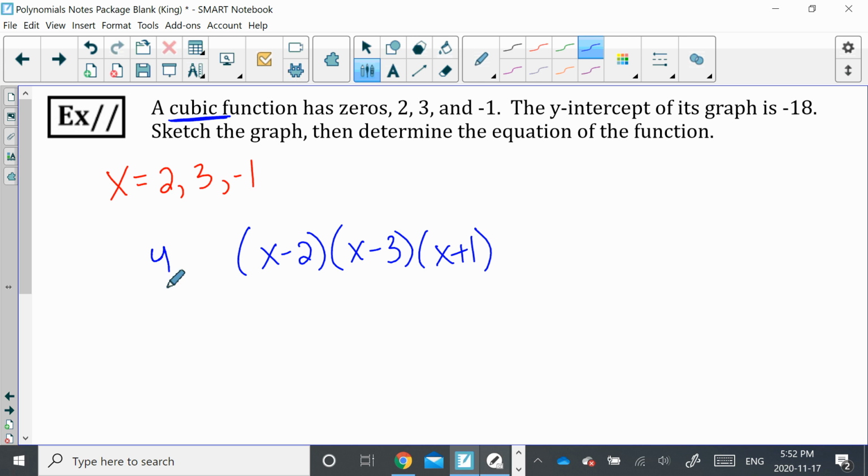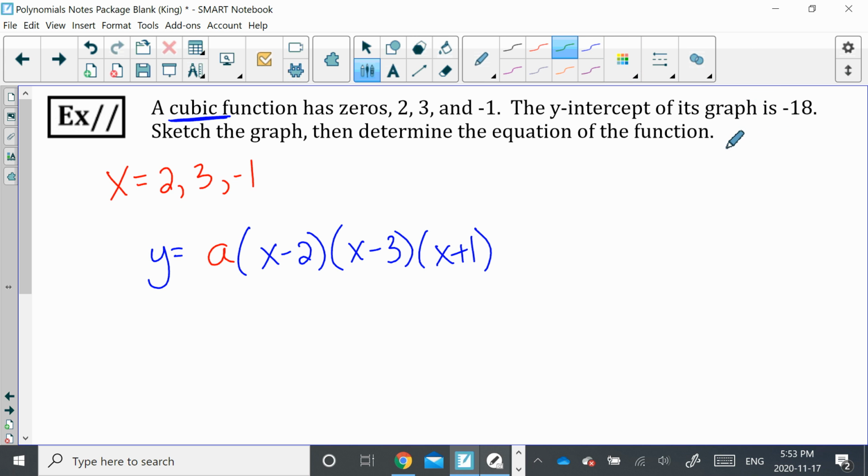Let's write y is equal to, and then remember, if they don't give us the equation, we can't assume that the a value is 1. We're never allowed to do that. So we always put in a, and then they have to give you a point in order to figure out a. So then I'm going to look in the question, and it says the y-intercept of this graph is -18.